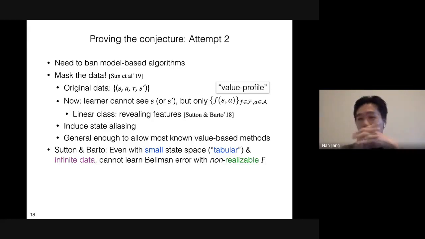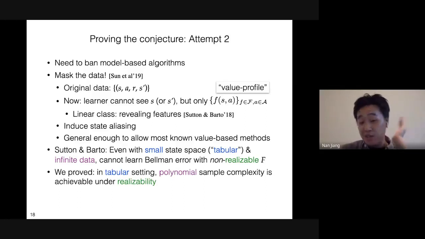And I can refer you to the precise chapter of the book. When I first saw this result, I felt it was very promising, because finding Q star is closely related to minimizing the Bellman error of a function. So if they can show that you cannot learn the Bellman error, it seems like this is only one step away from proving that we cannot learn Q star.